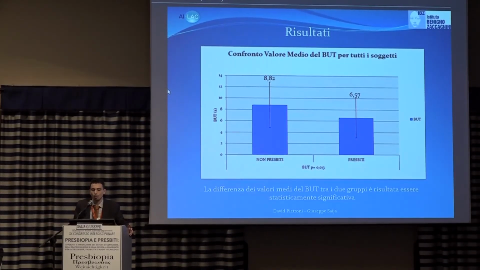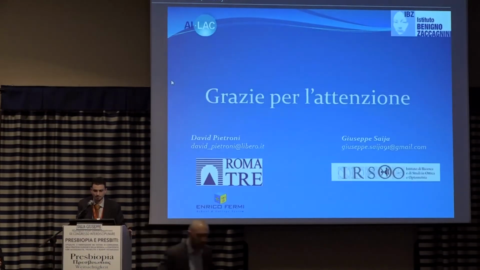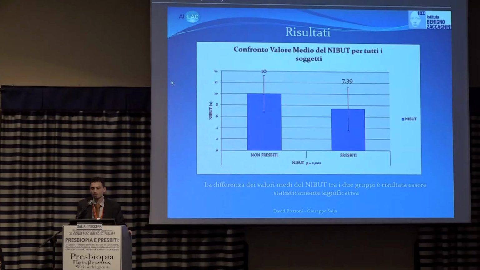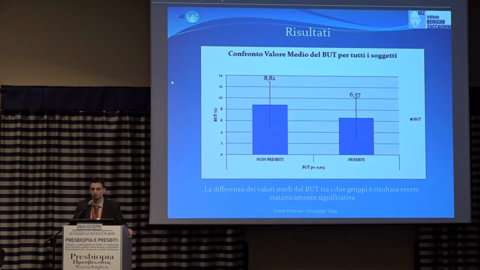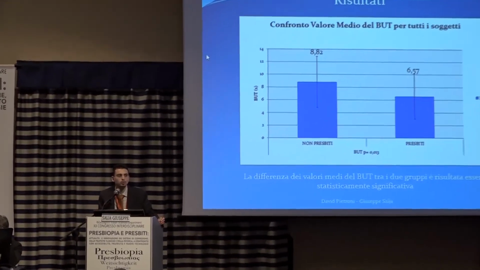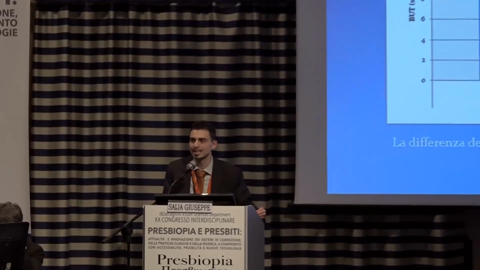The difference was clearly higher in NIBUT and lower in BUT, but in fact the reduction was about 2 seconds. 2 seconds, higher for NIBUT and lower for BUT. Statistically, this was a significant variation, but not clinically. We're talking about 2 seconds only, and we're talking about two values which are well below the expected values.